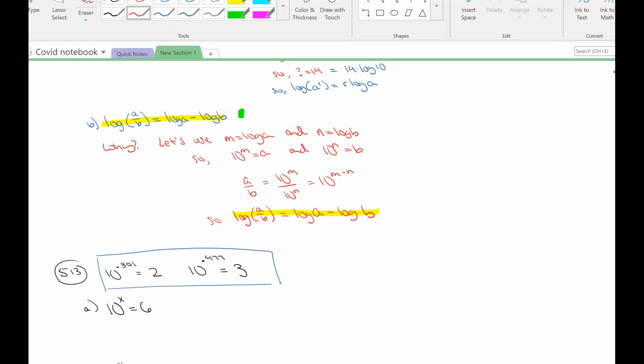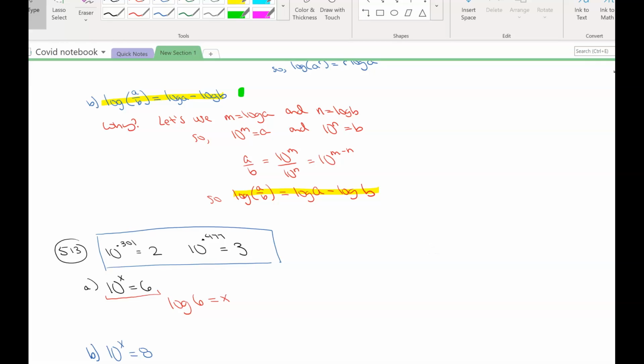Okay, well, what I'm going to do is first rewrite this exponential equation logarithmically. So let's see. Log base 10 of 6 equals x, right? And the question is, well, what is x? Okay, I'm going to rewrite 6, though, as this.